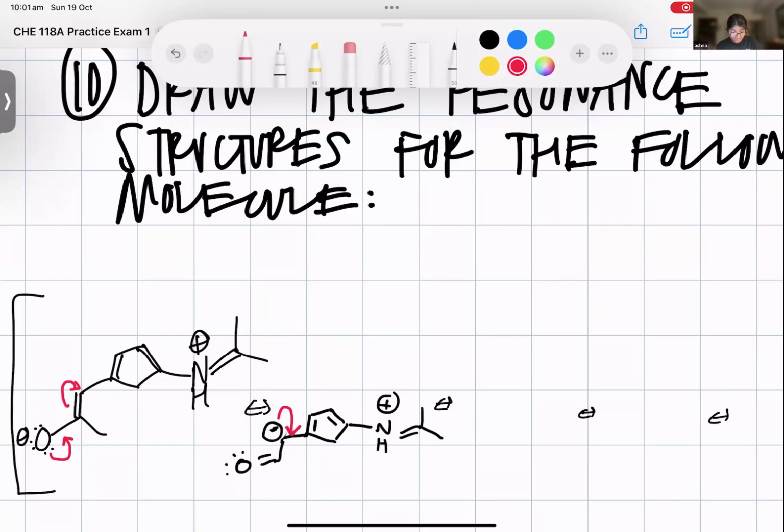But then something in the resonance structure has to move, otherwise the octet would be broken. Yeah. The octet rule of the carbon in that ring would be broken, so you would move that double bond there to create a negative charge on that carbon. Nice.